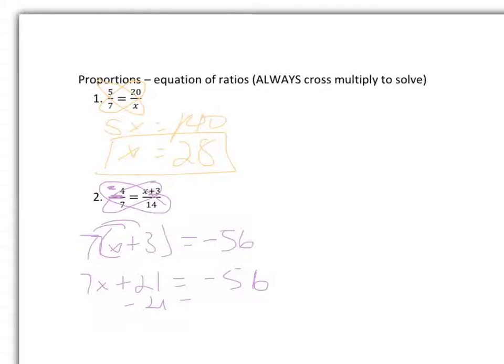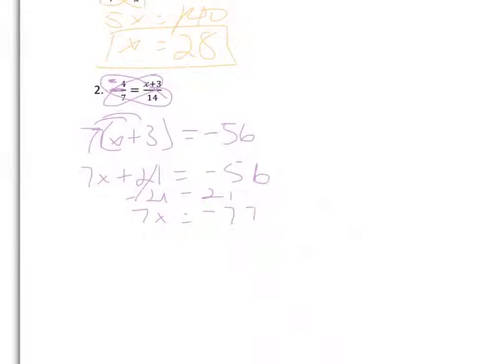Subtract the 21. 7x equals negative 77, and so x will equal negative 11. Done. Good luck.